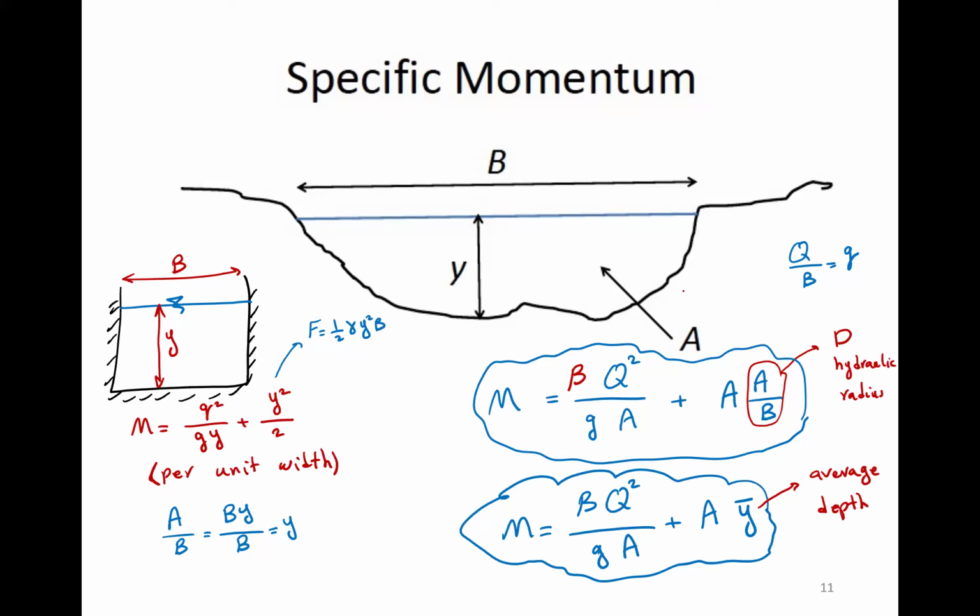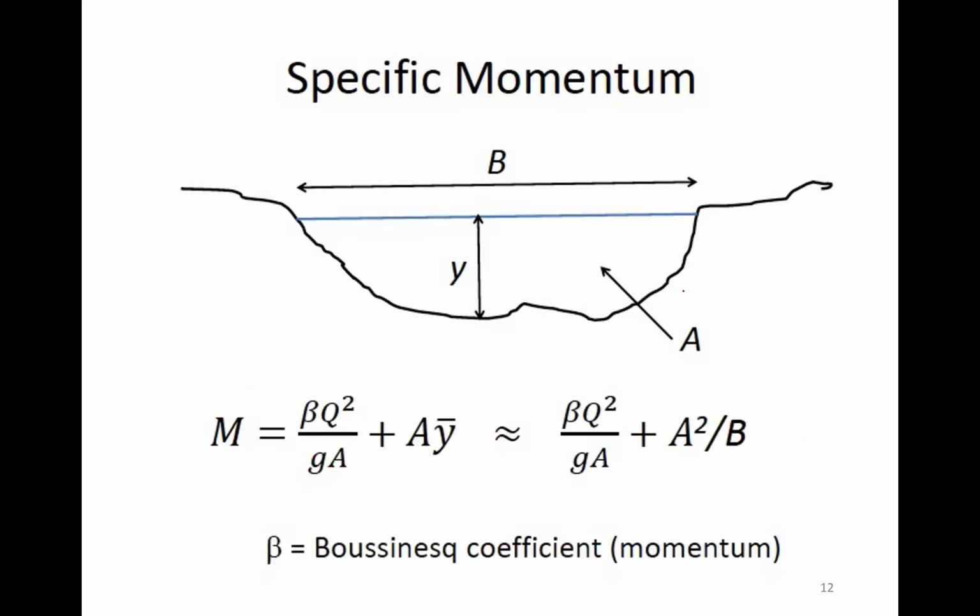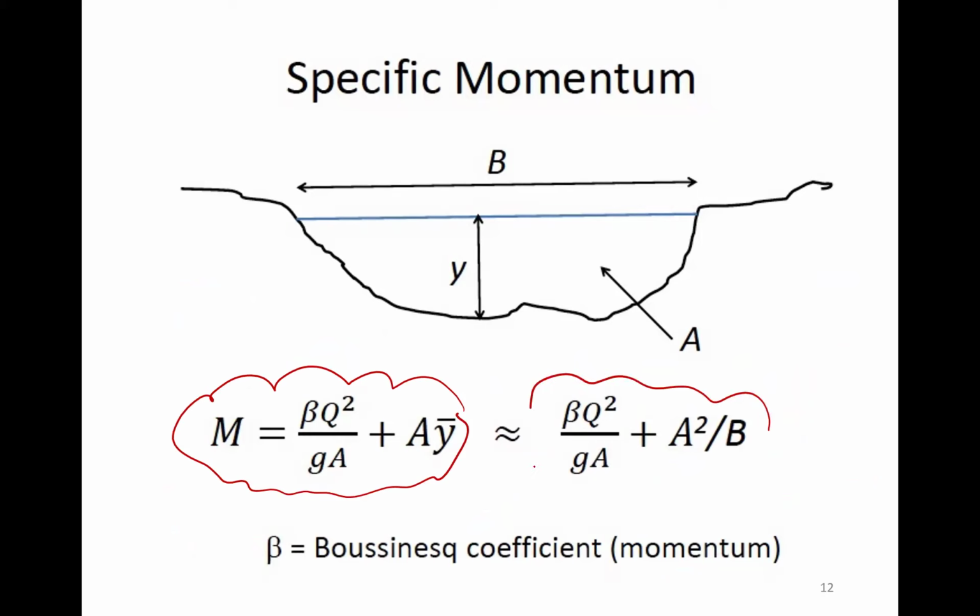So that would be our specific momentum equation. Now this correction term that we have, beta, is called the Boussinesq coefficient, or the momentum correction coefficient. That beta term is the same idea as alpha, the Coriolis coefficient, but this one's for the momentum term.